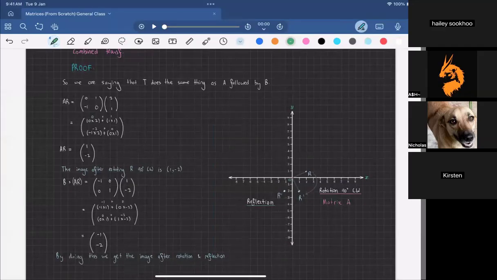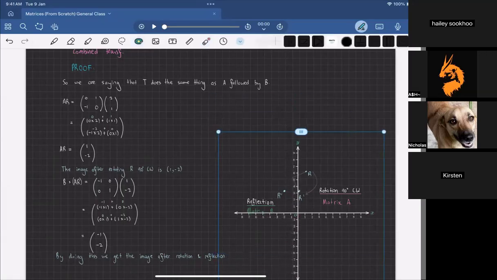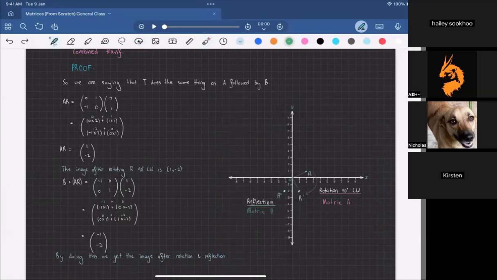B. And what matrix takes it immediately from R to R double prime? Which one takes it to R double prime immediately without any middleman? What jumps straight to the answer? The combined transformation, T. T takes us immediately to our answer. Right.